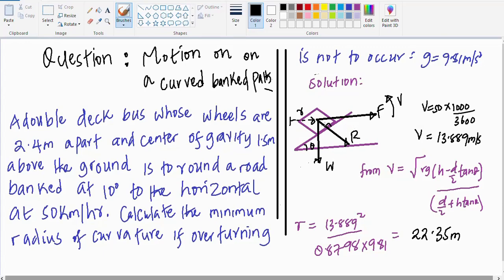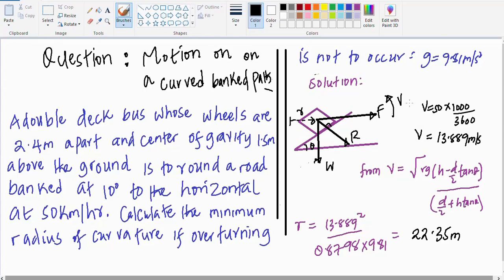For stability, the resultant force of the weight and the centrifugal force must be normal, or perpendicular, to the road at the point where the bus is negotiating the corner.